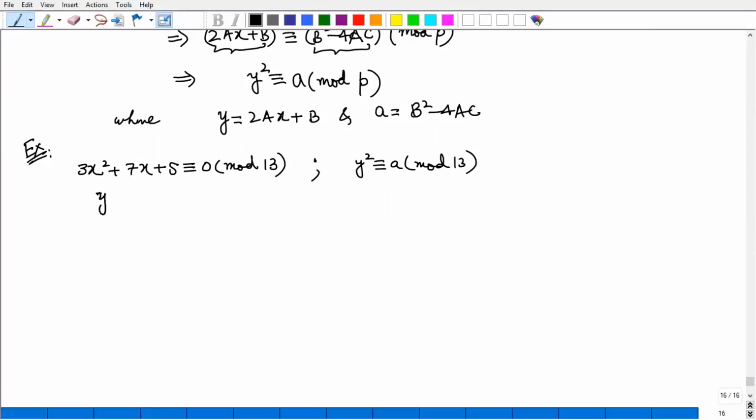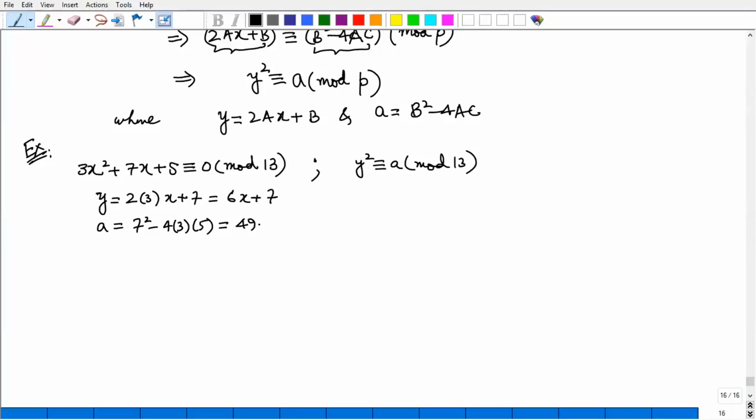So y will be 2 times 3 times x plus 7, so this will be 6x plus 7. And a will be 7 square minus 4 times 3 times 5. 7 square is 49, 4 times 3 is 12, and 12 times 5 is 60.